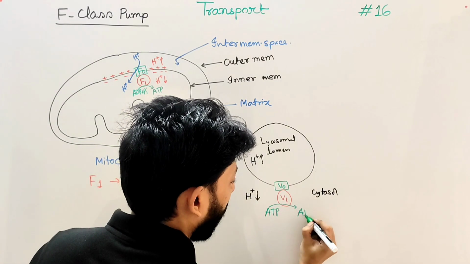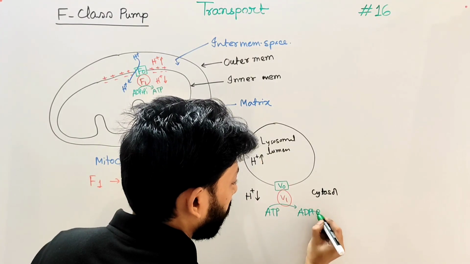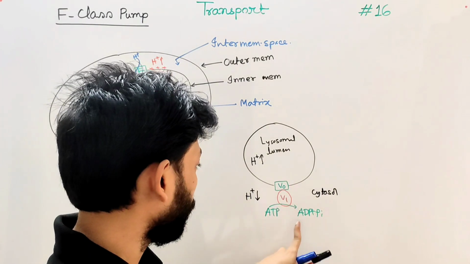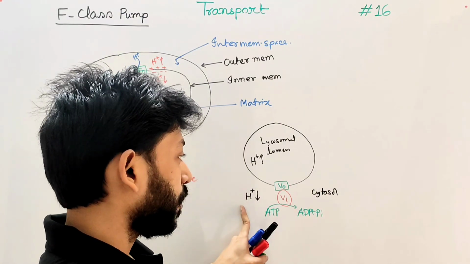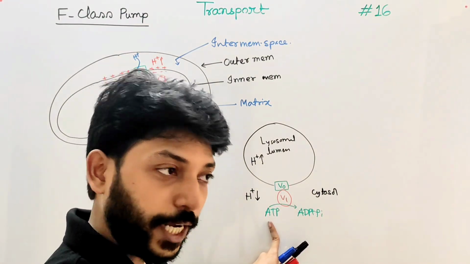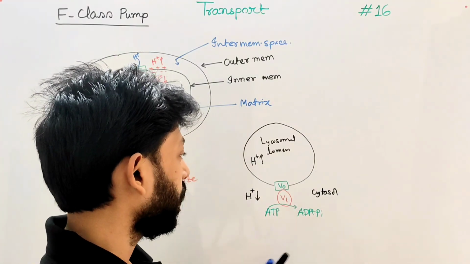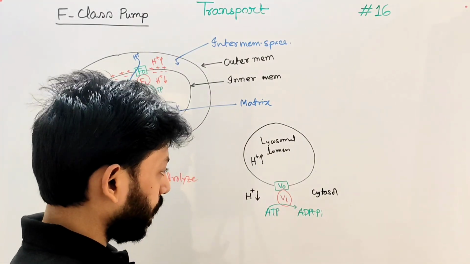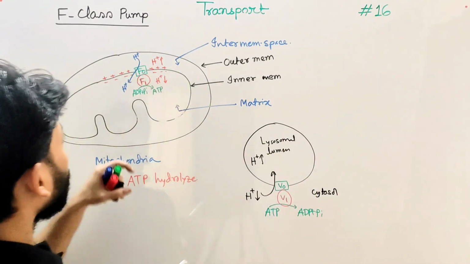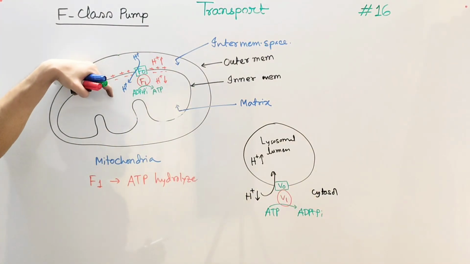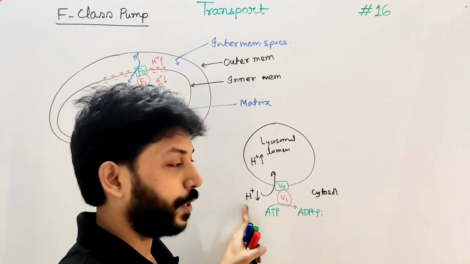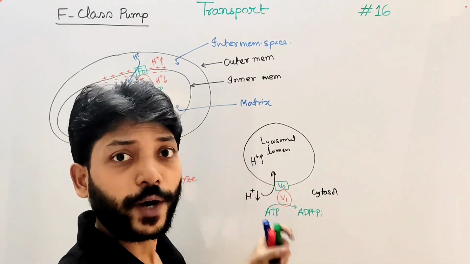into ADP and Pi. That's why I have mentioned that this F class pump works in reverse of the V class pump. In case of V class pump, it always hydrolyzes ATP into ADP and Pi to move protons from lower to higher concentration. See, here protons are moving from higher to lower concentration, showing the downhill movement, and here it is showing the uphill movement from lower to higher concentration. Why?